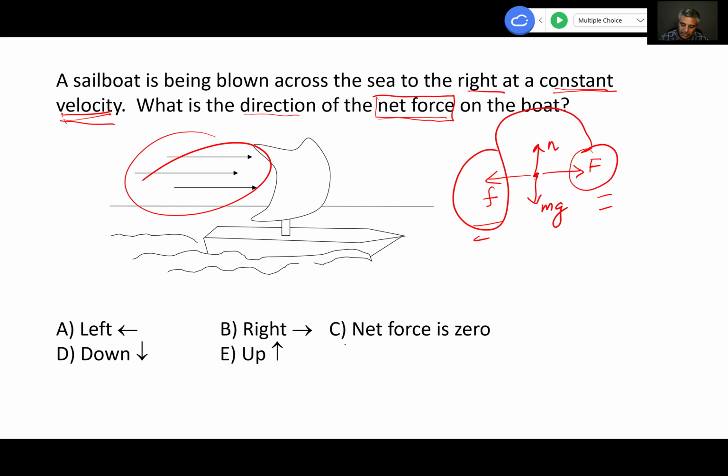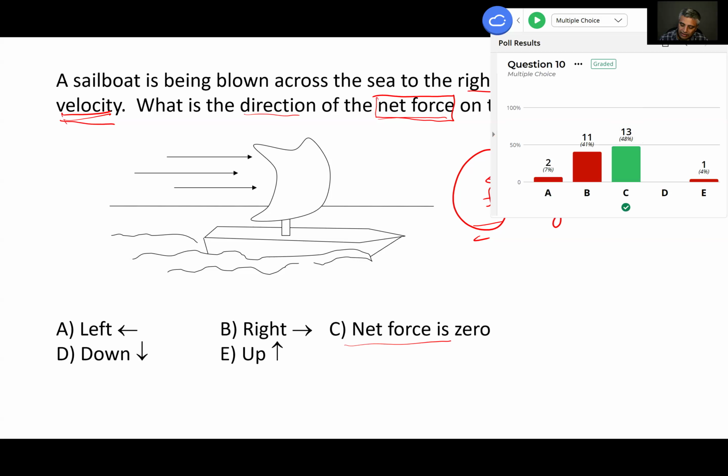If you missed this question, that means you still need to understand Newton's laws. Okay. So I keep bringing this kind of question to remind you that an object can keep moving with constant velocity even when net force is zero. So reminder, that's what Newton's first law says. So C is the correct answer in this case.